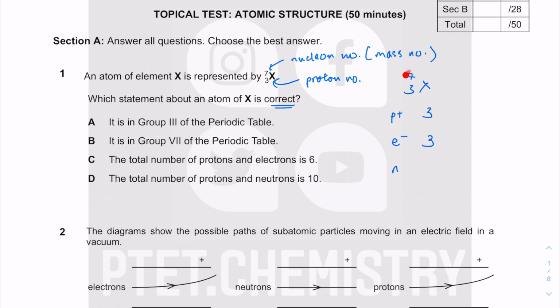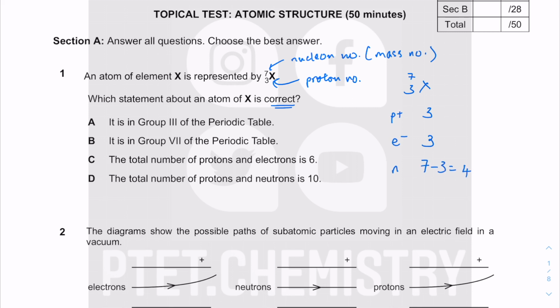The charges of the protons must be balanced out by the charges of the electrons, and that's only possible if you have an equal number of protons and electrons. The number of neutrons is obtained by subtracting the proton number from the mass number, or the nucleon number. So 7 minus 3, there are 4 neutrons.